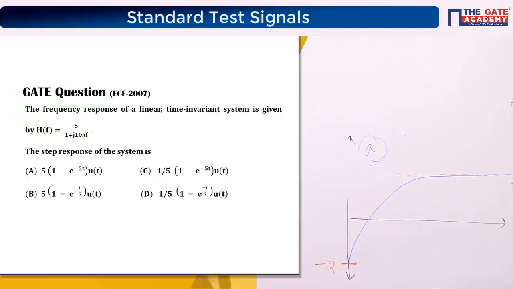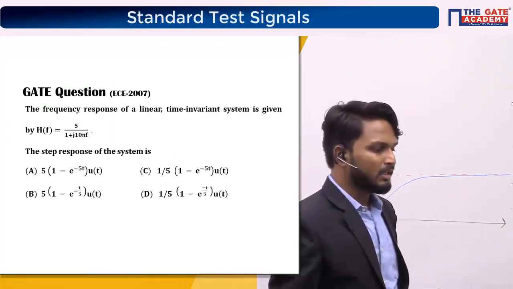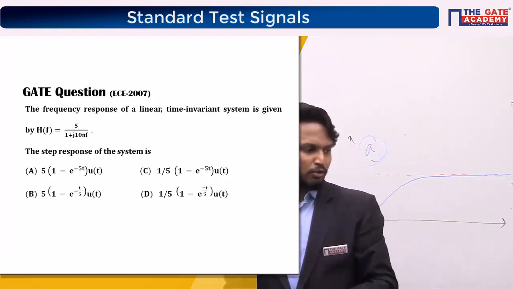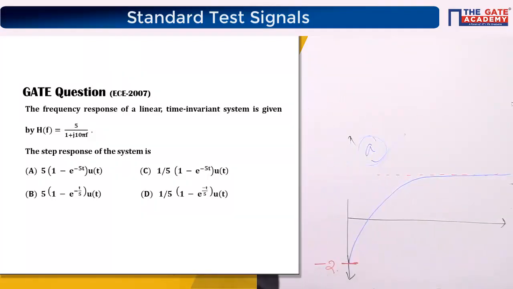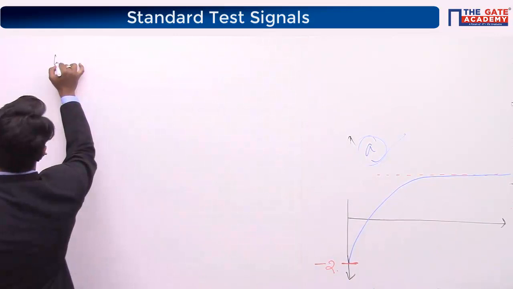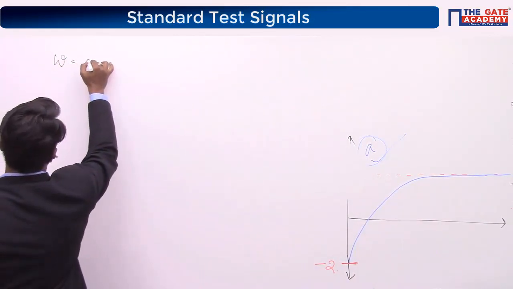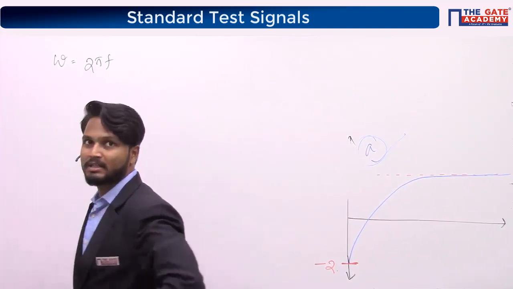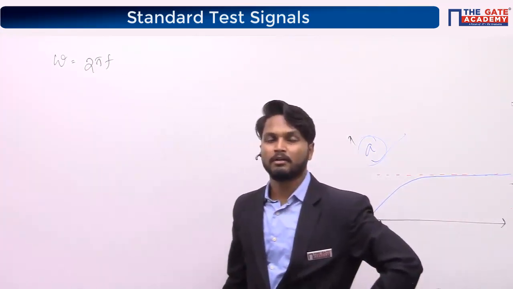Is it fine? See, in this question, this might seem a little new to you, right? So see, what is omega? Omega is written as 2 pi f. Angular frequency omega is written as 2 pi f, right?